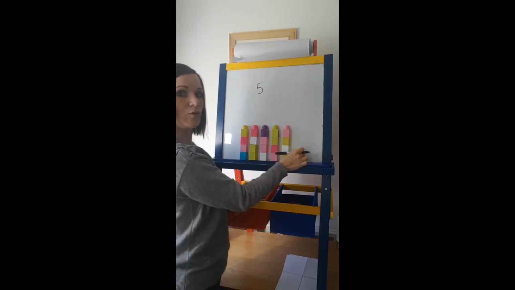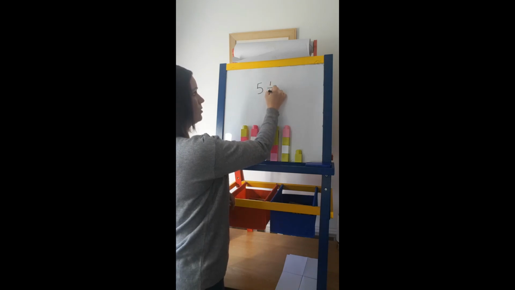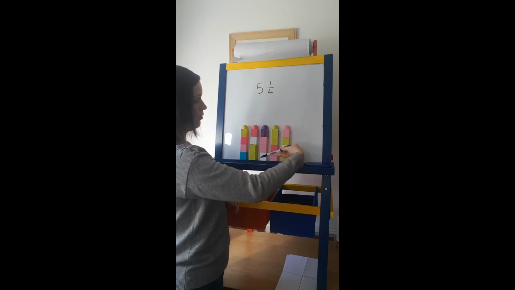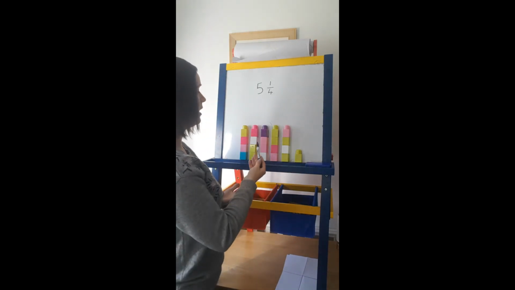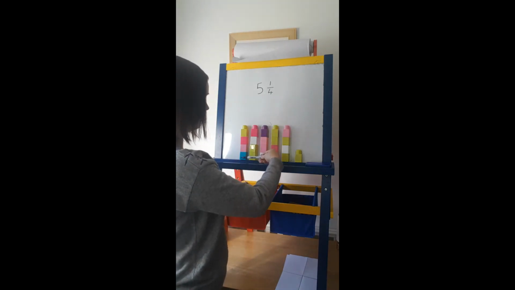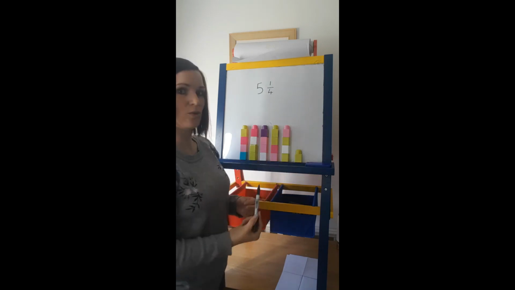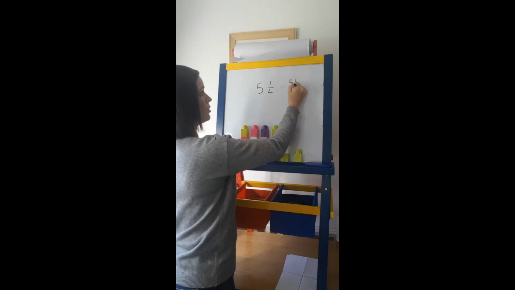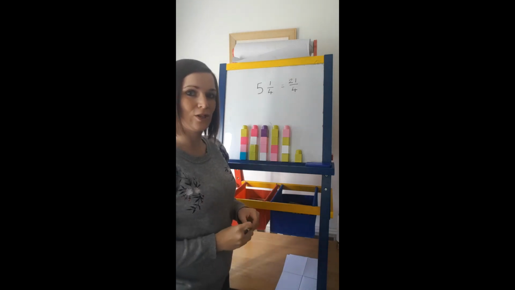And you still have 1 left over. So you've got 5 and 1/4. And it's a 4 on the bottom because you were sharing it into 4s. Dividing it into 4s, your denominator, dividing, sharing into groups of 4. As an improper fraction, you've got 4, 8, 12, 16, 20, and another one, 21/4. So your number on the top is bigger than your number on the bottom.